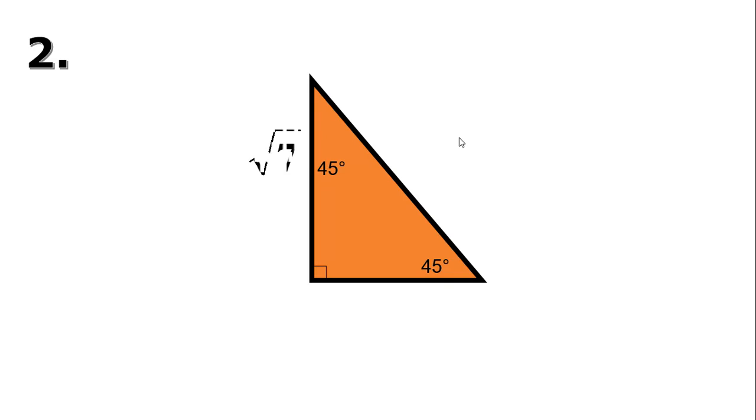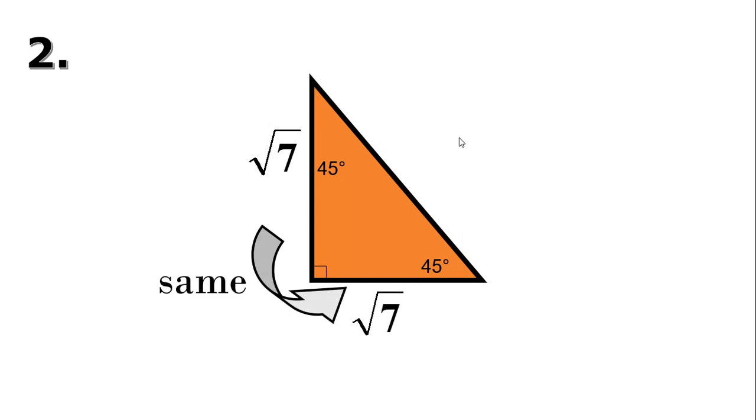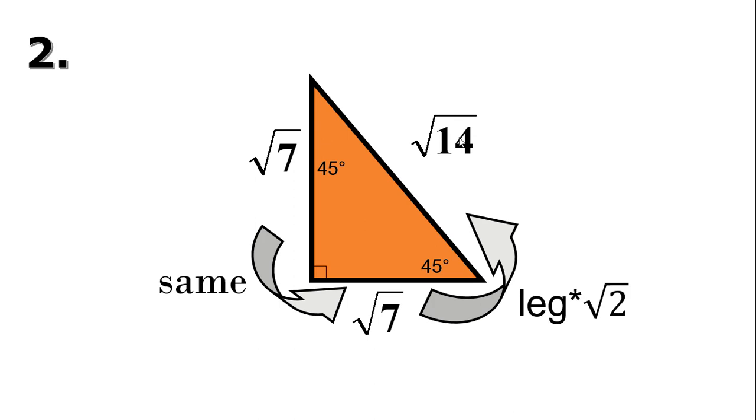Another example. One of the legs measures square root of 7. Therefore, the other leg also measures square root of 7. And to get the hypotenuse, you simply multiply the leg by square root of 2. And that would be square root of 14.